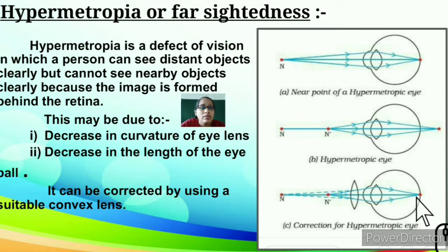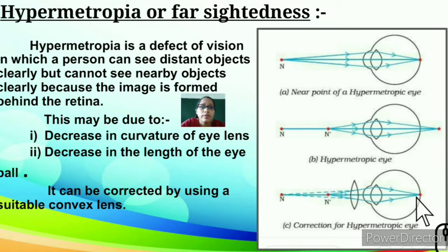Here the person can see the distant objects but cannot see the nearby objects. It's just the opposite of myopia. In myopia, the person can see nearby objects but cannot see far off.